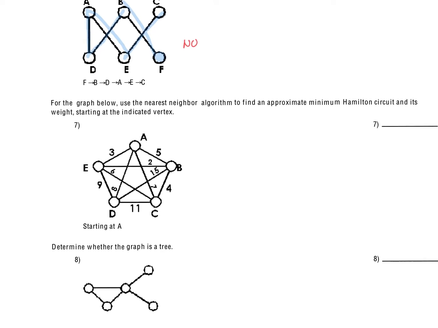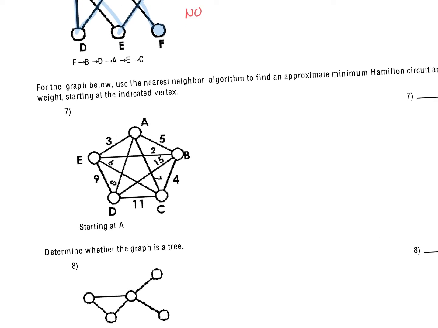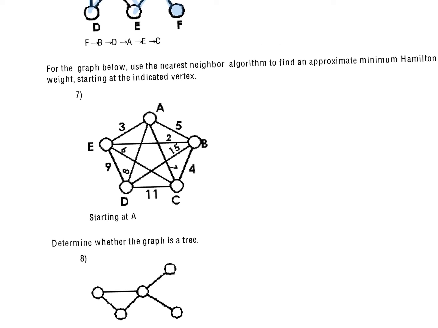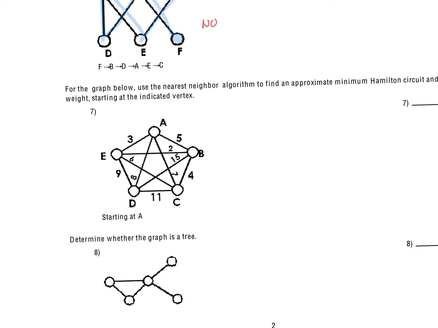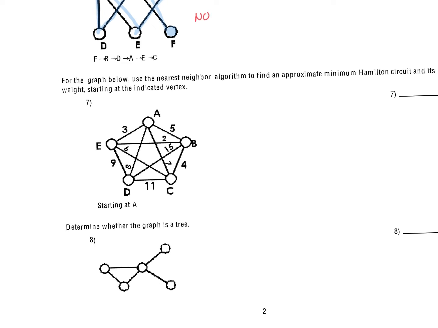Okay, next problem. For the graph below, use the nearest neighbor algorithm to find an approximate minimum Hamilton circuit and its weight starting at the indicated vertex.